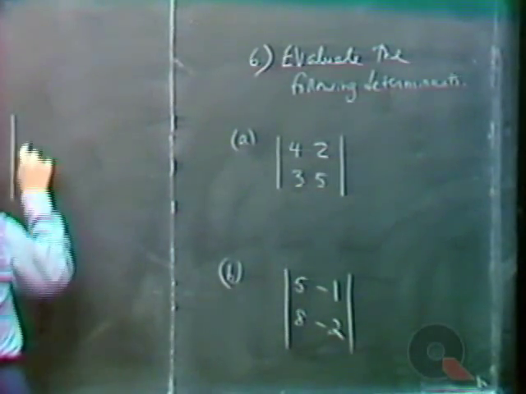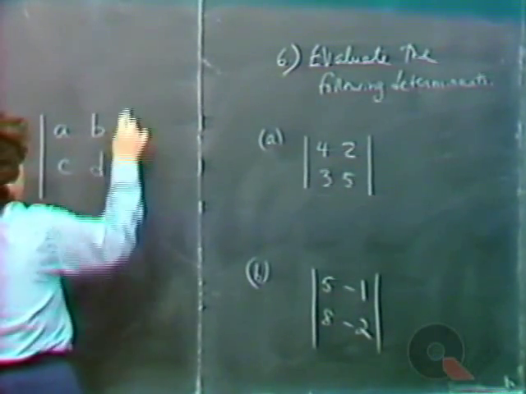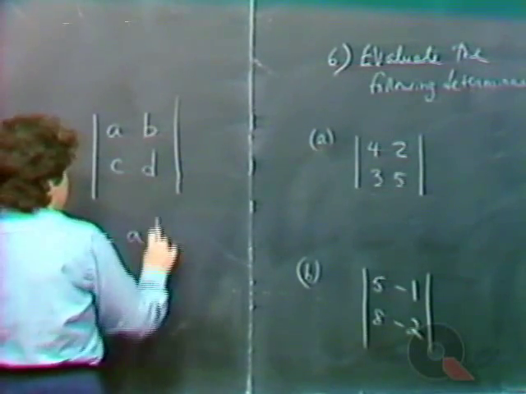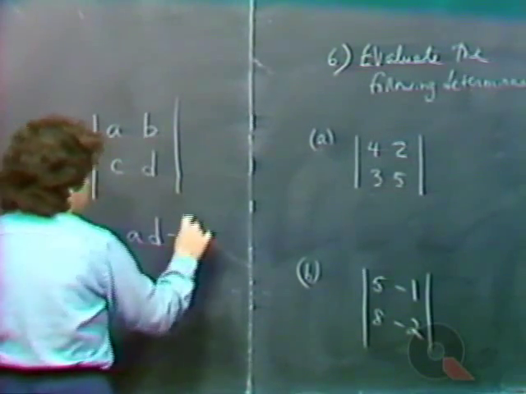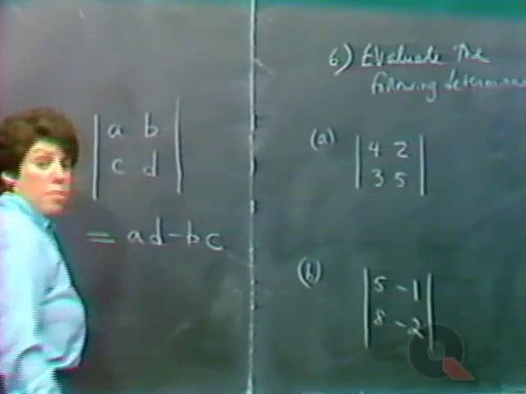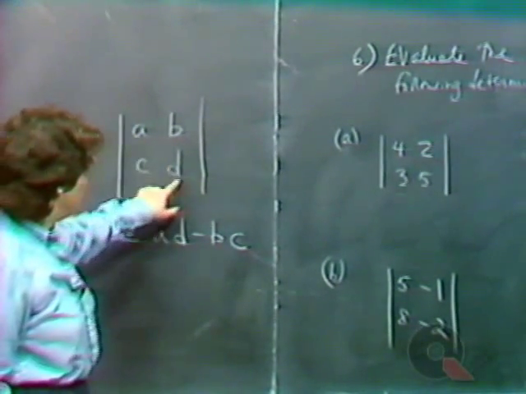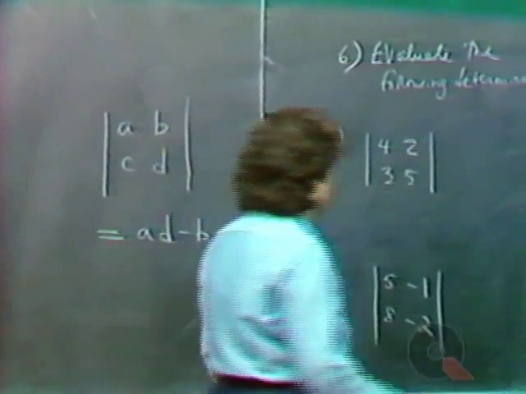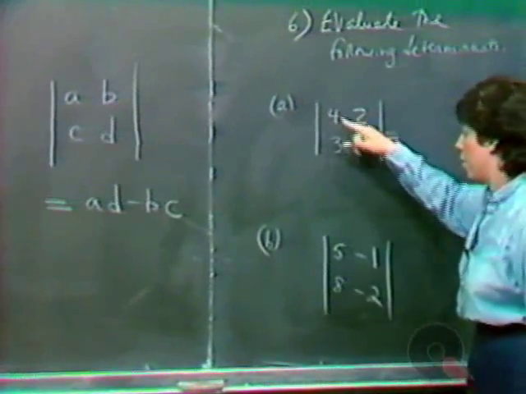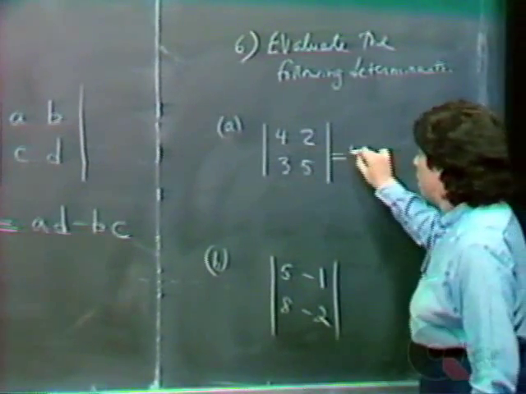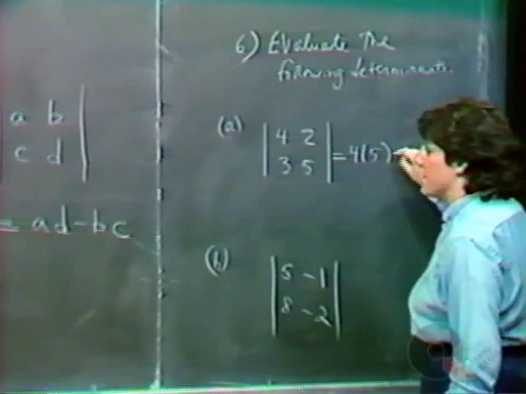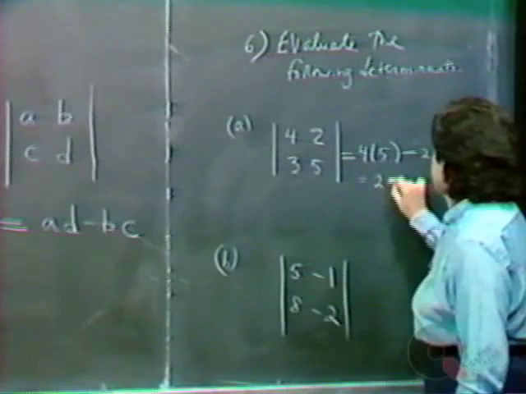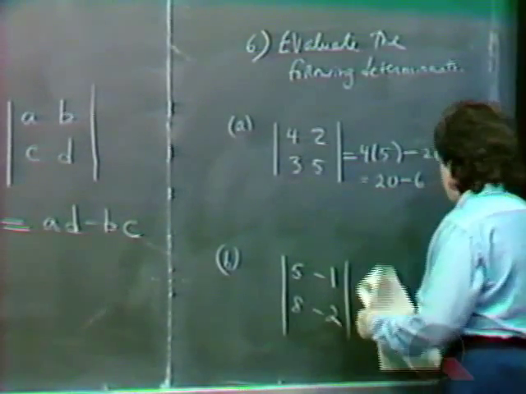Now I want to remind you that if you have the determinant A, B, C, D, this is defined to be AD, the product of the numbers on the diagonal, minus BC, minus the product of the other 2 numbers. AD minus BC. All right. So the product of the numbers on this diagonal, 4 times 5 minus 2 times 3. 20 minus 6, or 14.